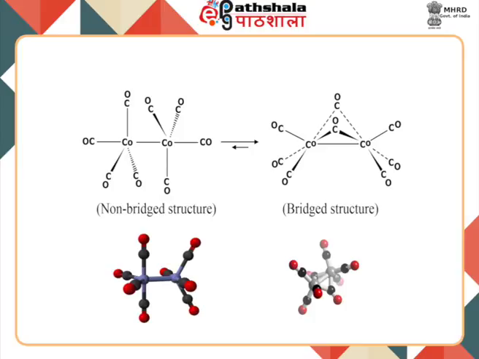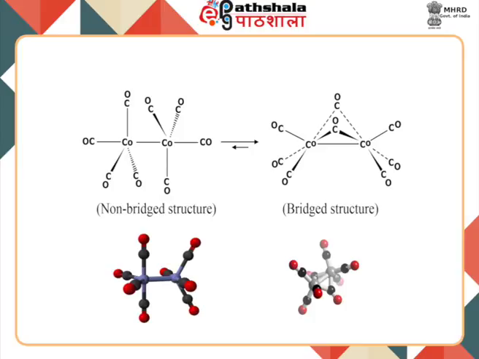In the non-bridge structure of dicobalt octacarbonyl, each cobalt atom is attached to 4 terminal carbonyl groups and one other cobalt atom. The cobalt-cobalt single bond is formed by the linear overlapping of singly occupied dsp3 hybrid orbitals of two cobalt atoms, and its length is slightly greater, in the range of 2.7 angstrom, due to the absence of bridging carbonyl groups.